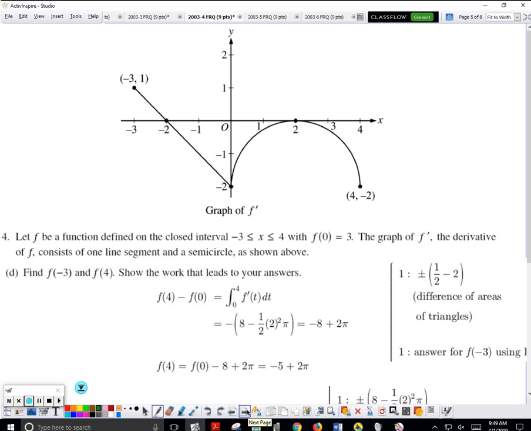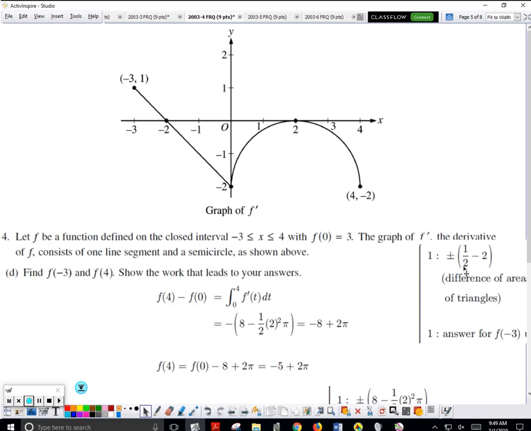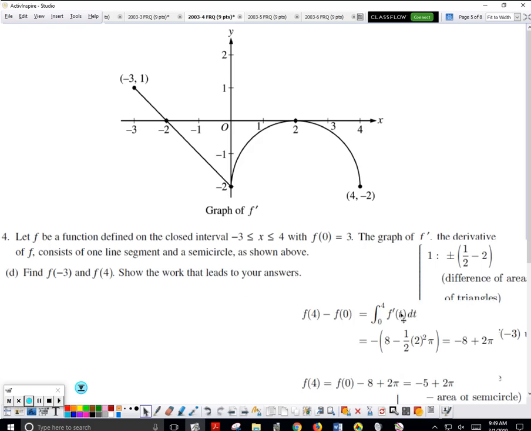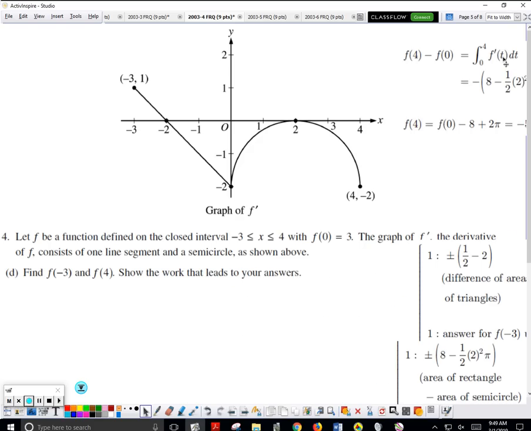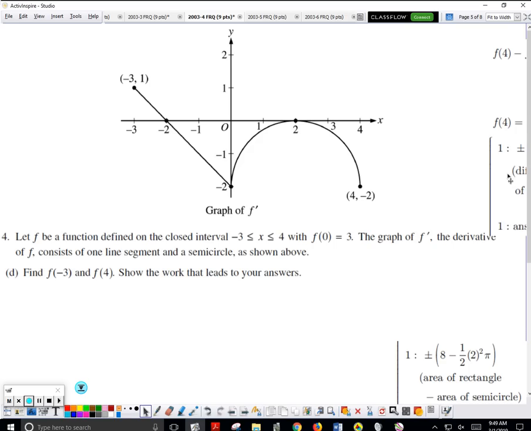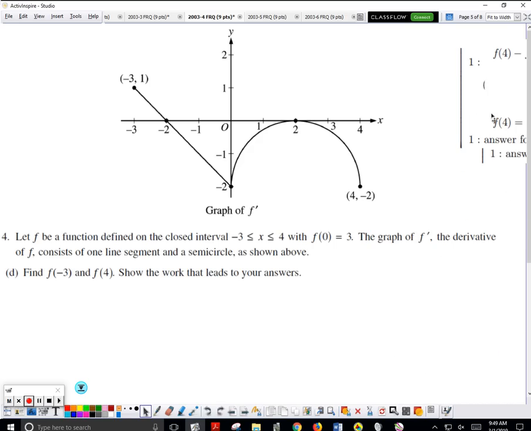Number D. All kinds of extra notes here. Push those off for a minute. Do one thing at a time, don't do two.